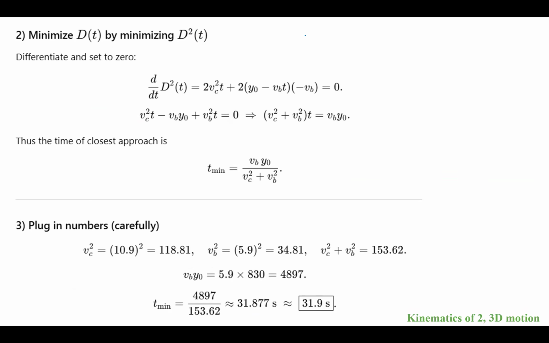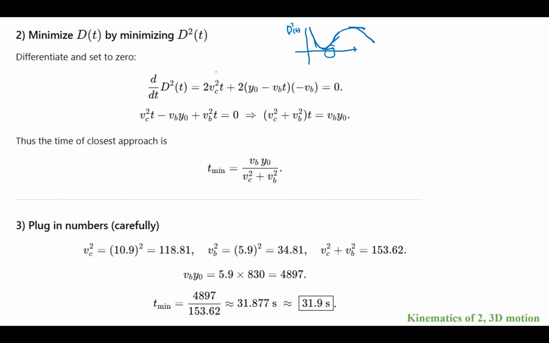When we say there's a minimum or maximum, we take the derivative with respect to t. If it is a minimum, its gradient becomes 0, and if it is a maximum, its gradient is also 0.